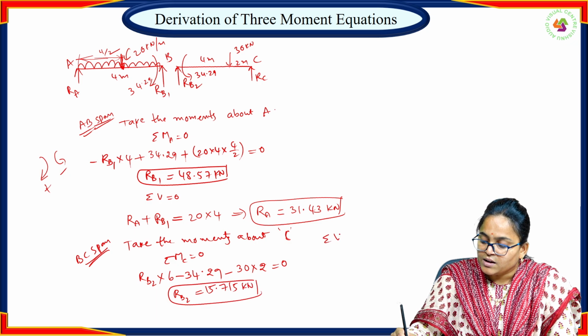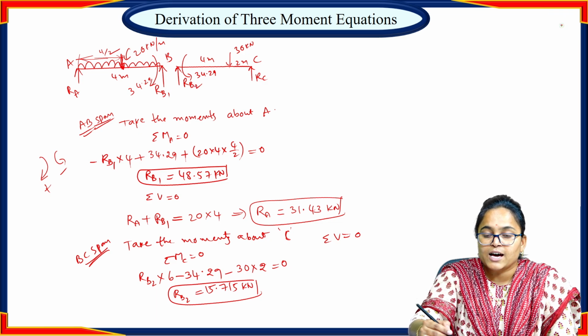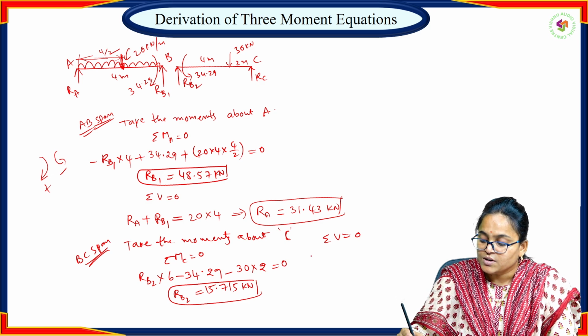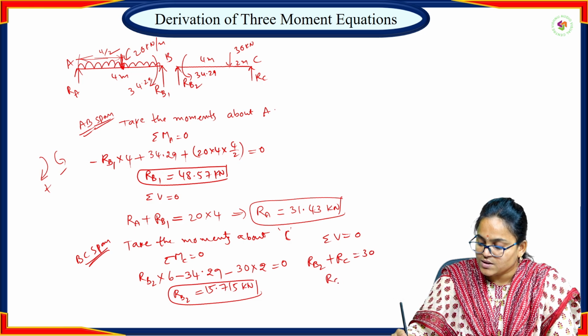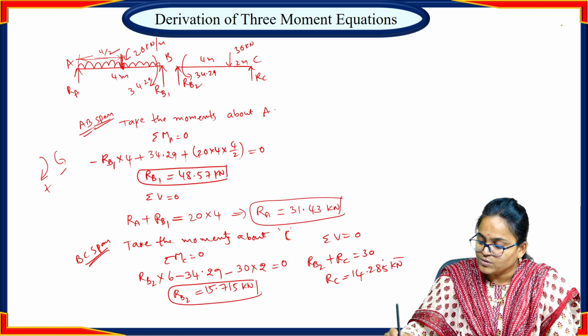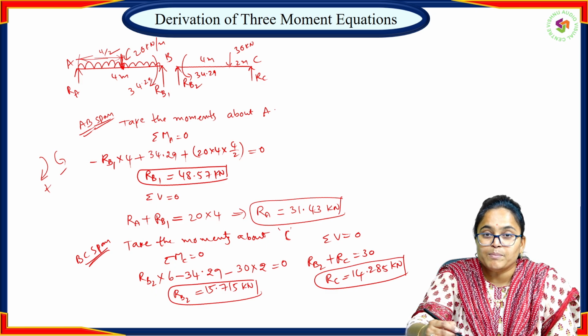Now by applying sum of all vertical forces equal to 0 for the BC span, RB2 and RC are upward forces and 30 kilonewtons is a downward force. So RB2 plus RC is equal to 30 kilonewtons. From this we'll get RC as 14.285 kilonewtons. Now we want the total reaction at B, the summation of RB1 and RB2 in the AB span and BC span.